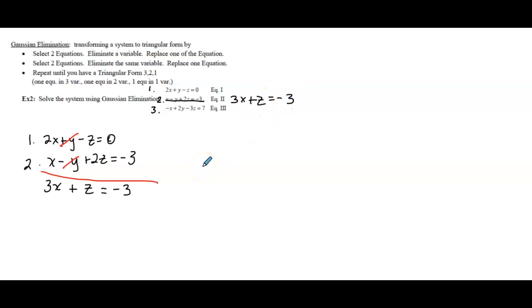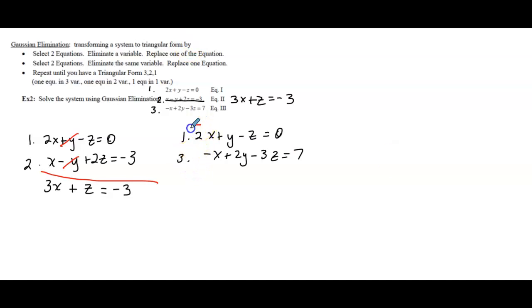Now, if you eliminated variable y, you want to eliminate variable y again. So I'm going to take equation number 1, which is 2x plus y subtract z equals 0, and equation number 3, which is negative x plus 2y subtract 3z equals 7. And we're going to eliminate the same variable, y.